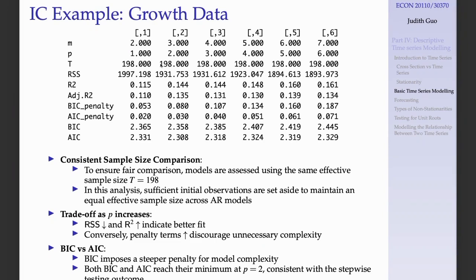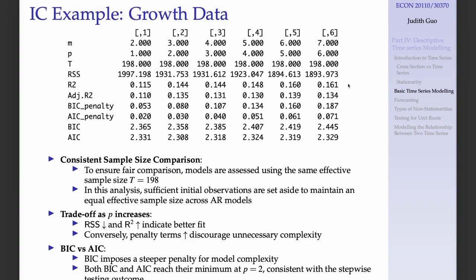And we can also see that as P increases, which effectively means as the number of parameters increases, the residual sum of squares, the row corresponding to the RSS, is always decreasing. That means without the penalty term, we'll always go for the largest model because it has the smallest RSS.